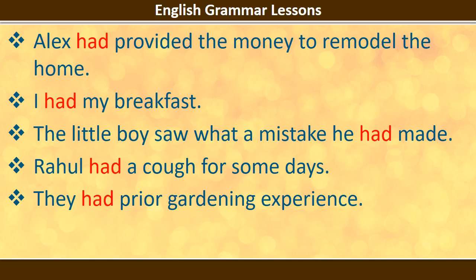So we are using here had. They had prior gardening experience. It means they had some gardening experience. Prior means previously they had some gardening experience. So we are using had.